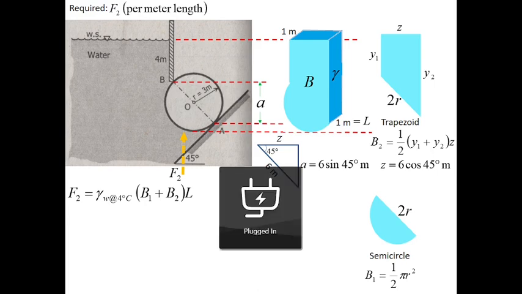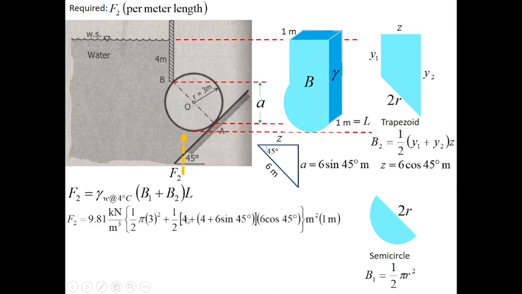So, in that case, substitute natin yung mga given. Unit weight of water, okay, 9.81, okay. B1, 1/2 pi r squared semicircle. Ayun. Ang radius kasi ay 3 meter, no?